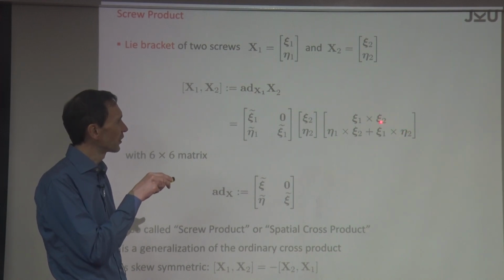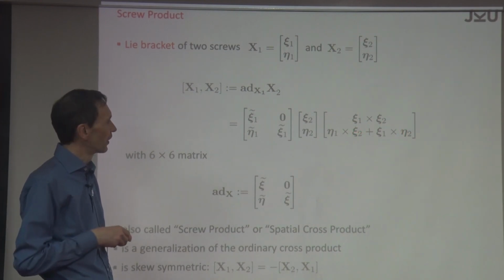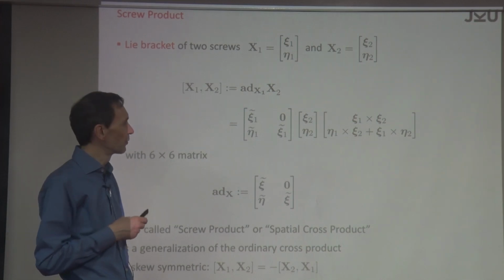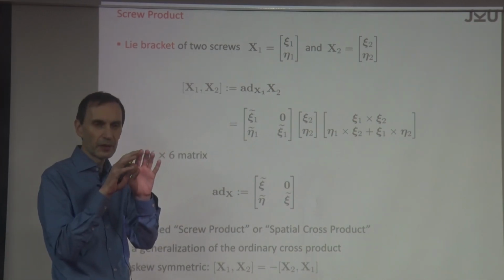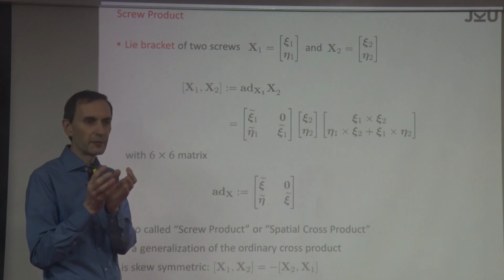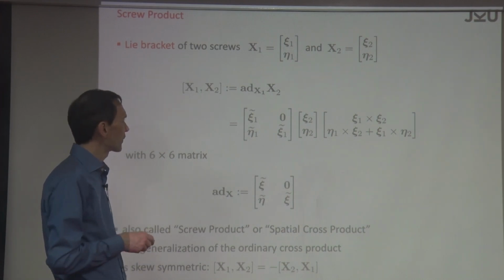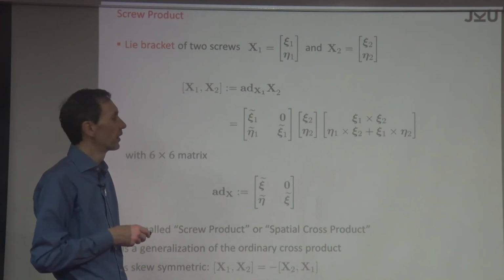Because this is linear in C2, this is linear in C2, and this is linear in eta 2. And every time there is some expression that is linear in some factors, you can write it as matrix times vector, okay? And that's what we do here.